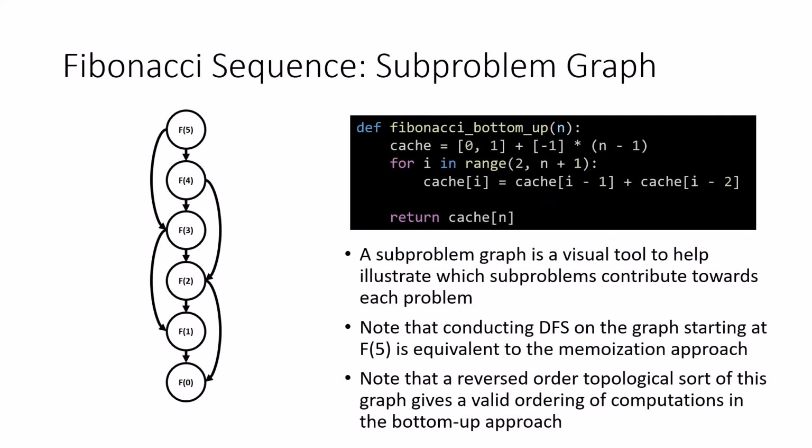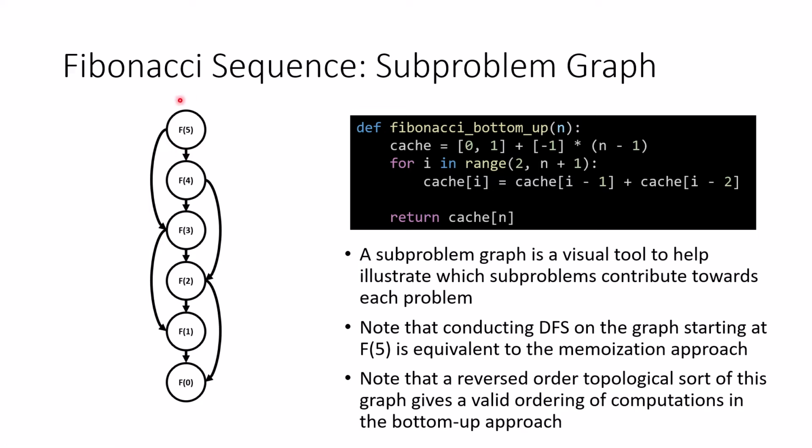Now there's another way to analyze dynamic programming problems in general, and that is to draw a graph. Specifically, I'm talking about the subproblem graph. In dynamic programming terms, applied to the Fibonacci sequence, each of these computations that we did was a subproblem.